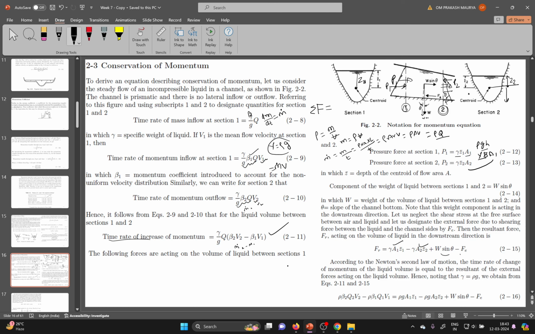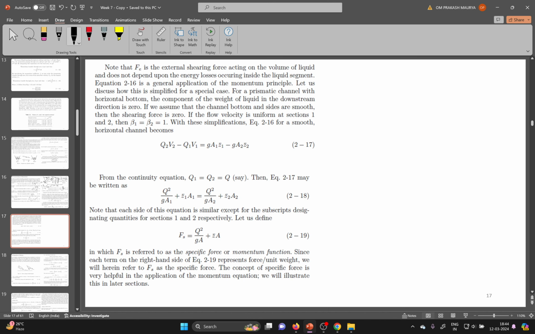So now force is equal to the rate of change of momentum, d(mv)/dt. So the rate of change of momentum is these things, and we have put here the force terms with gamma. We have used rho here, and on this side you have put gamma equal to rho g, so g cancels, so rho beta2 Q2 v2. Similarly like that. Now very interesting, here beta1 and beta2 are equal to 1.